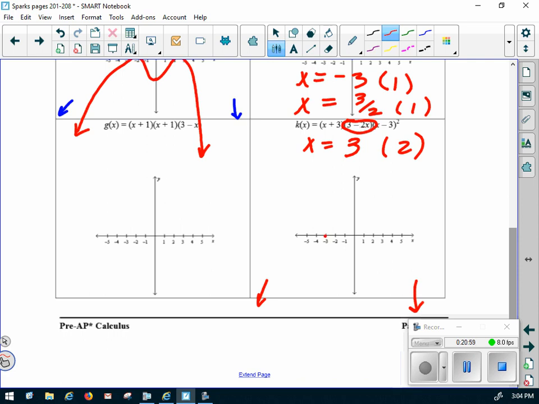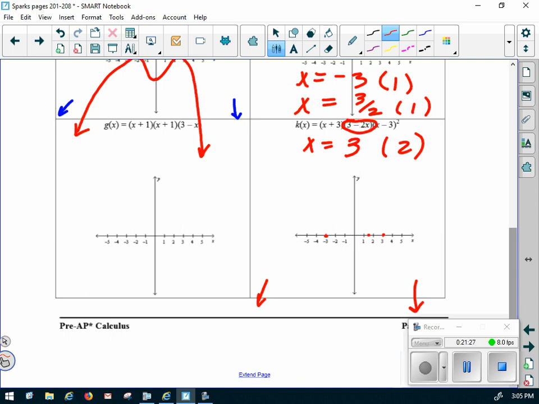Negative 3, 1.5, and 3. Multiplicity of 1, multiplicity of 1, multiplicity of 2. At x equal negative 3, do we cross or kiss? We cross. At 3/2, cross. At 3, kiss.